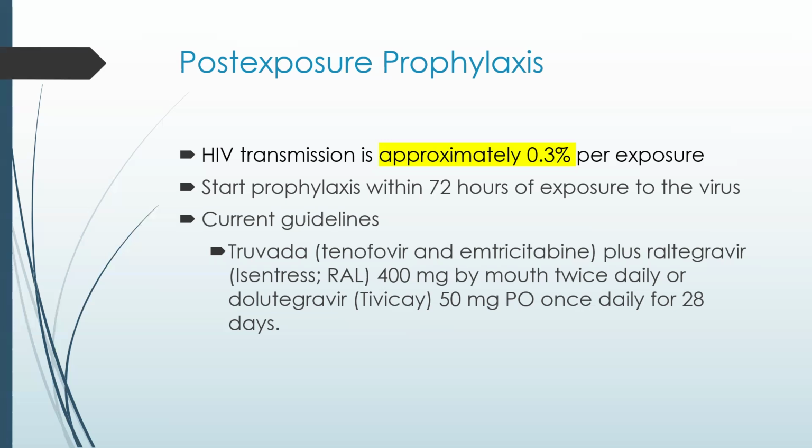So the biggest thing, if you get a needle stick or an instrument poke, is knowing your patient, because if you know them and they can get tested, or you feel confident that they've been tested, then all the fear comes out of it.